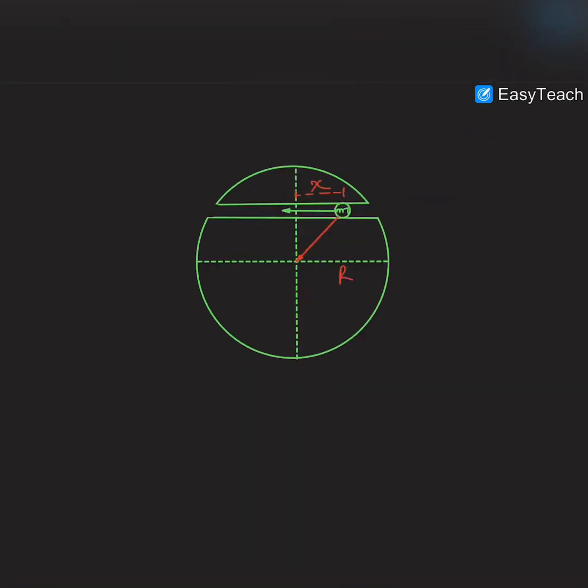Now in the second case, we have created a tunnel along a chord of earth, and we have placed this mass at this point, which is at a distance of x from this point.